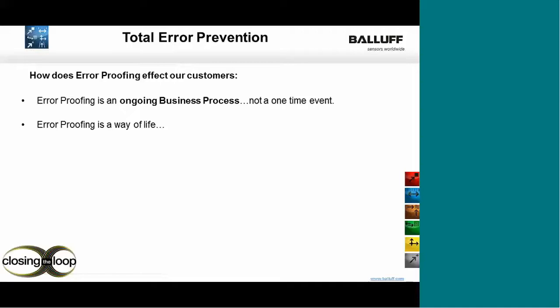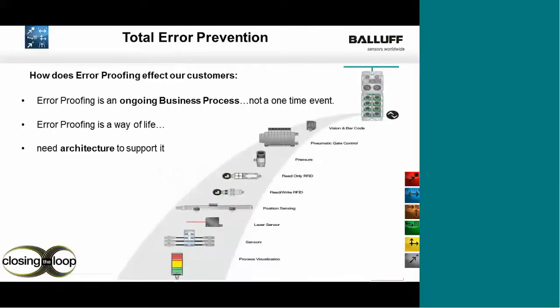Error proofing is a way of life. It becomes adopted as a process of the manufacturing facility itself. They also need architecture to support this error proofing strategy, and this is where Balluff really becomes a key asset to our customers.